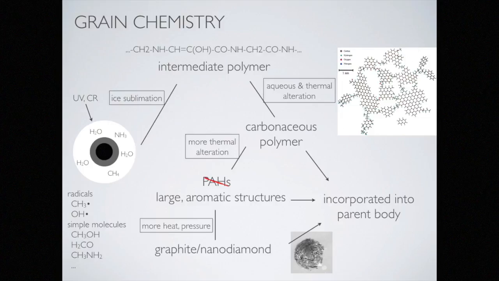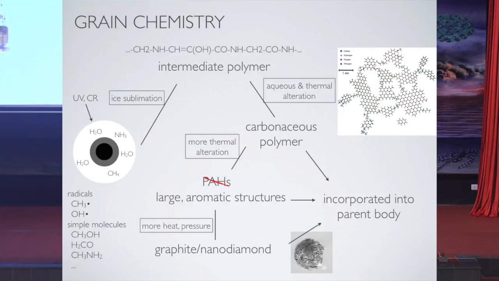So it's very, very complex. There's turnover, there's alteration, there's all kinds of chemistry going on. But eventually, and actually pretty easily, you'll end up with something like this, some large macromolecular network. Okay, so that's what we call the insoluble organic matter.